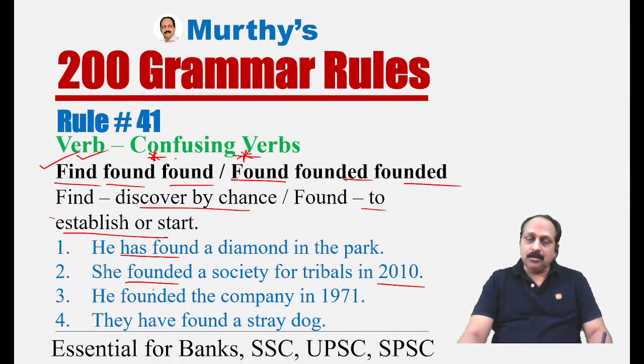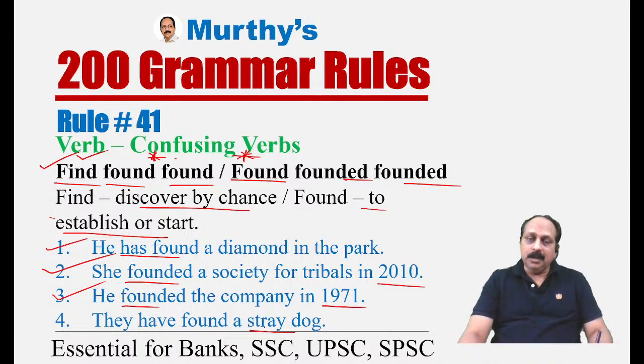Here the sentence talks about establishing or starting an organization for tribal people way back in 2010. Correct. He founded the company in 1971. That means he started the company in 1971. This is also correct. They have found a stray dog. Stray dog, we also use the expression street dog, does not belong to anyone.